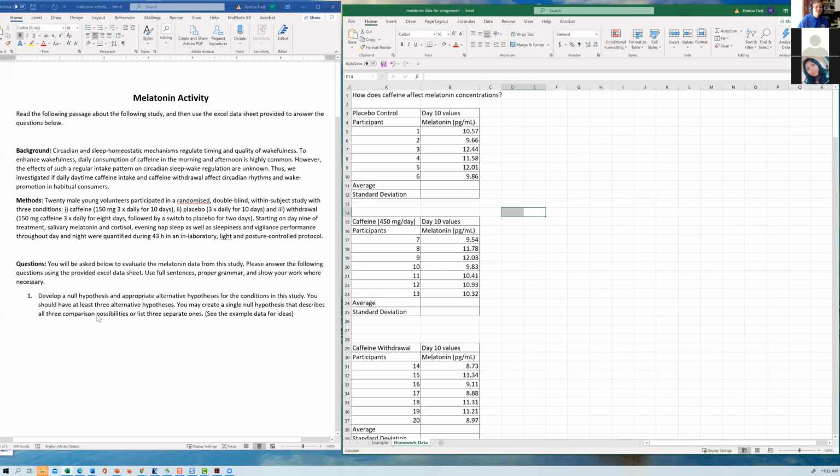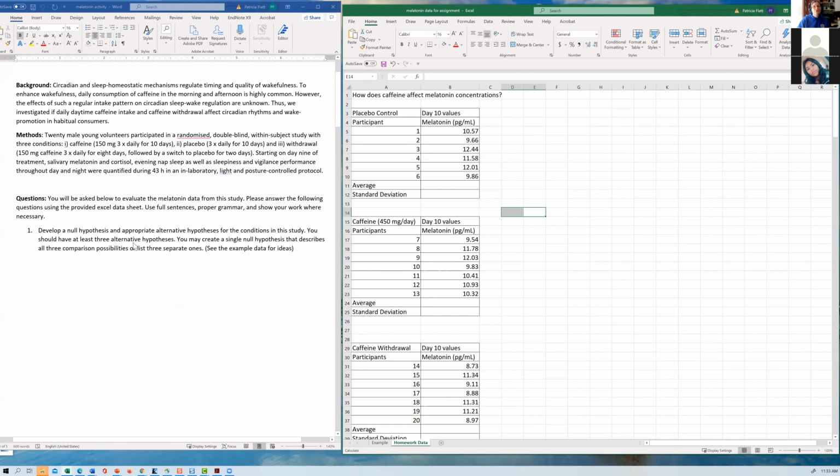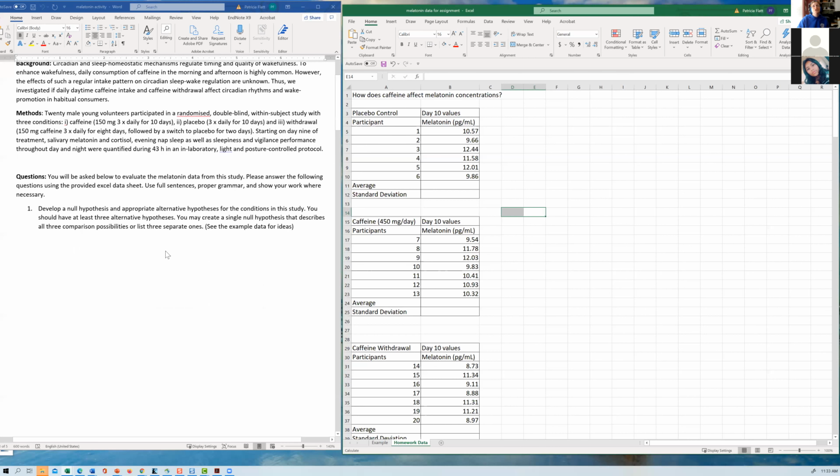So the first thing you need to do is develop your null hypothesis and your alternative hypotheses. You've got 3 conditions that you're studying here, so you've got 3 null hypotheses and 3 alternative hypotheses that you can develop for this study. If you want to create a single null hypothesis, that's fine, that there's no effect in any of the variables or situations.